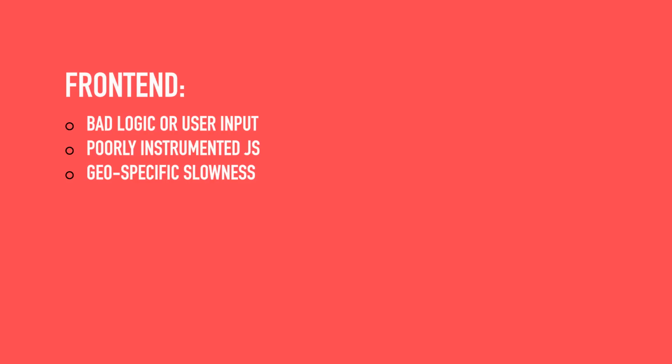On the front end with OpenTelemetry, you can detect bad logic or user input leading to JavaScript errors. You can also use it to find poorly implemented JavaScript, making your UI prohibitively slow despite performant APIs. And you can even use it to locate geo-specific slowness requiring geo-distribution.